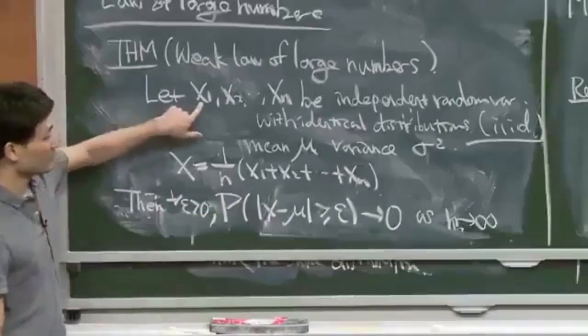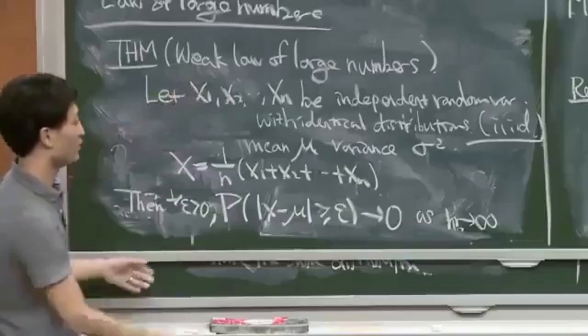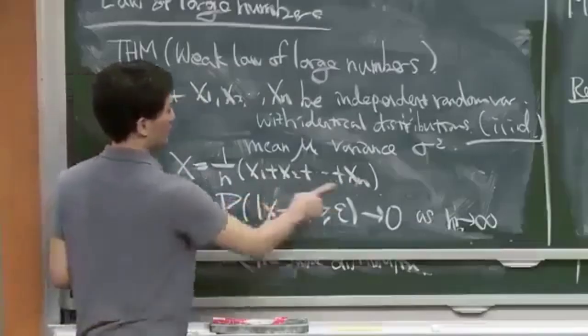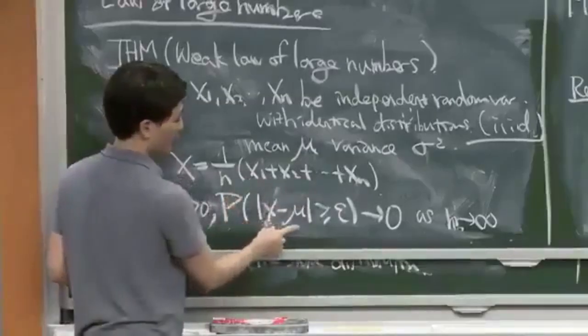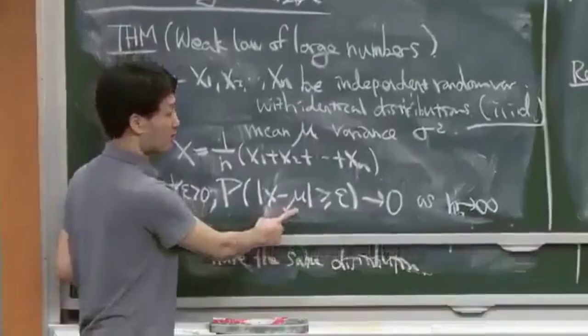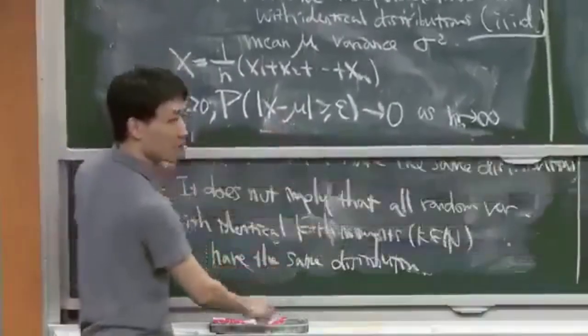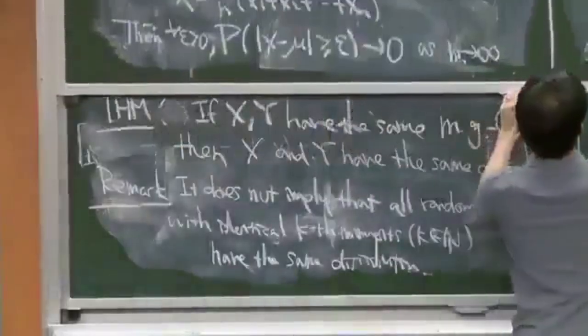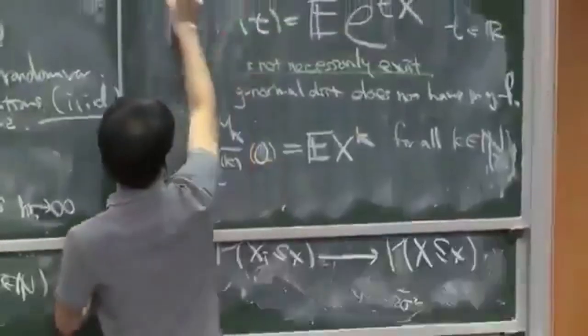So whenever you have independent identical distributions, when you take their average, if you take a large enough number of samples, they will be very close to the mean, which makes sense. That's the concept.